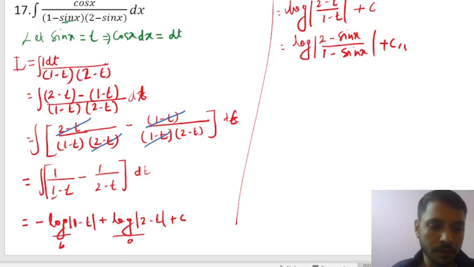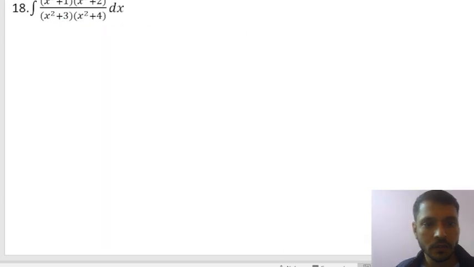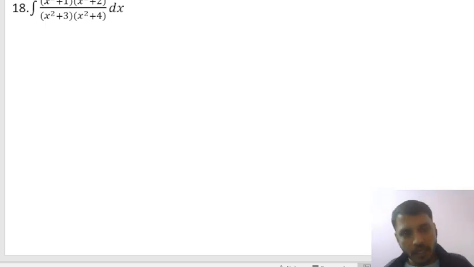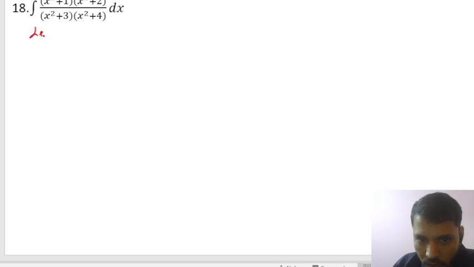Now we move to the next question, question number 18. How can we do that? In question number 18, you can see there are four factors, but all are non-factorizable. First we are going to reduce it by taking x square as another variable.